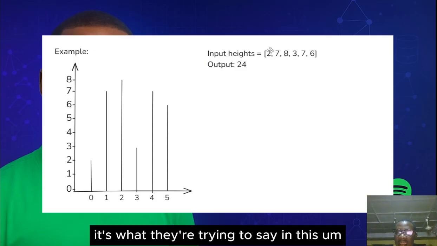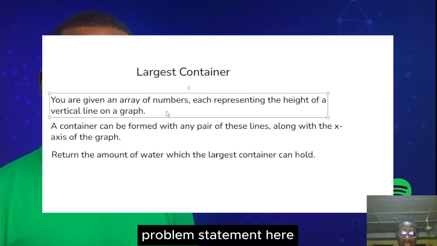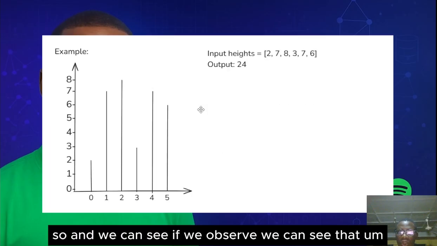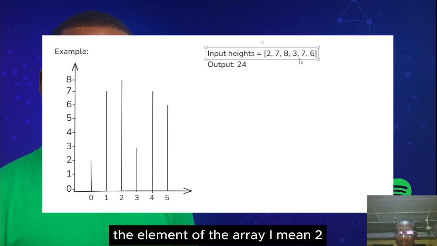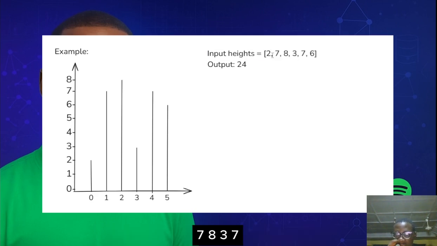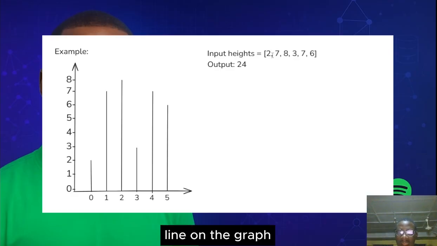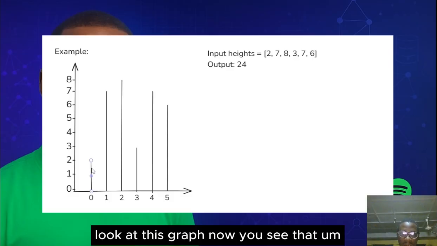What they are trying to say in this problem statement is that we are given an array of numbers. If we observe, the elements of the array, 2, 7, 8, 3, 7, 6, each correspond to a vertical line on the graph. Look at this graph now.